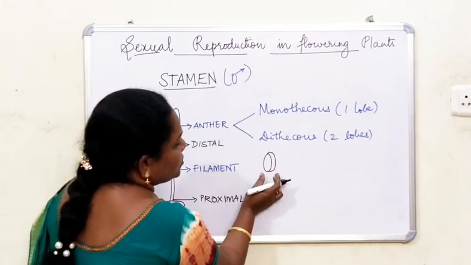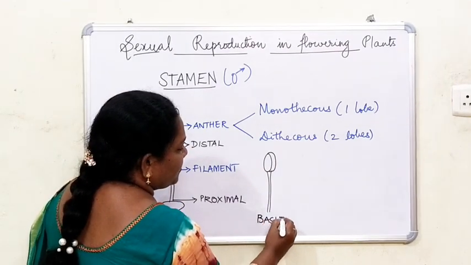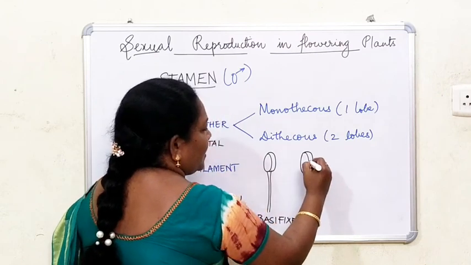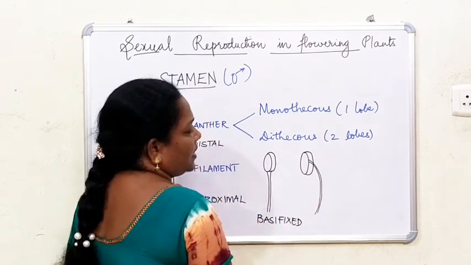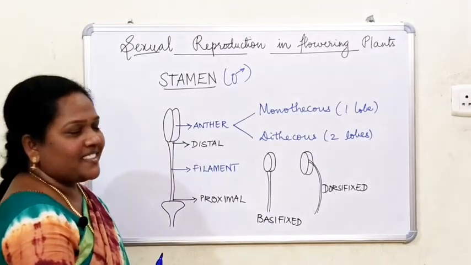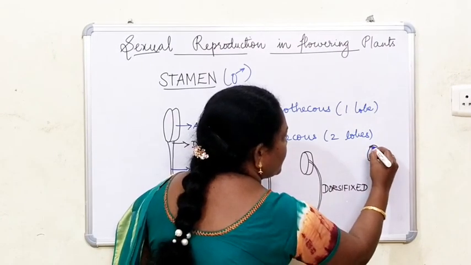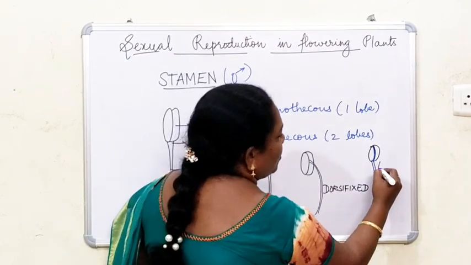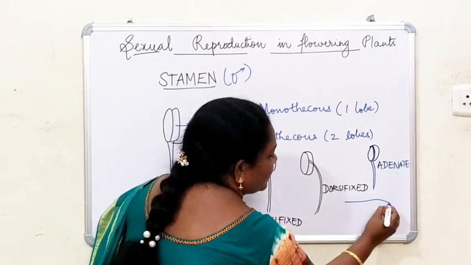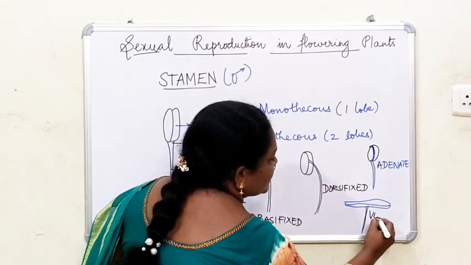In some cases the filament is present at the base, and then you call this basifixed. In the other type, the filament arises from the dorsal side, and you call this dorsifixed. Sometimes it is present all along the anther, and in this case it is called adnate. Or sometimes it is attached diagonally, and in this case it is called versatile.